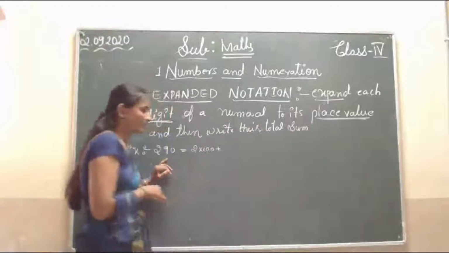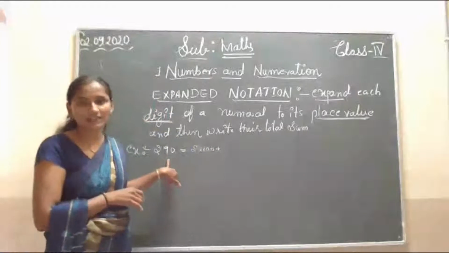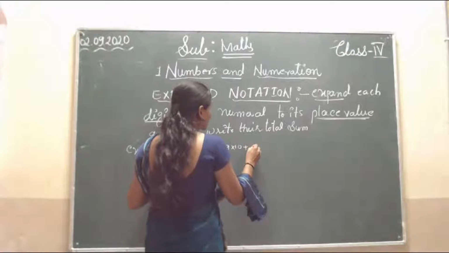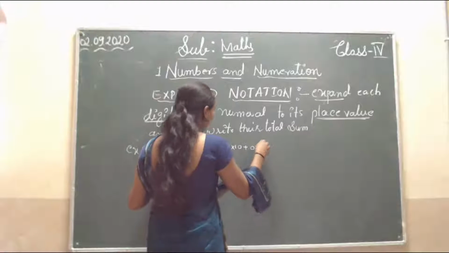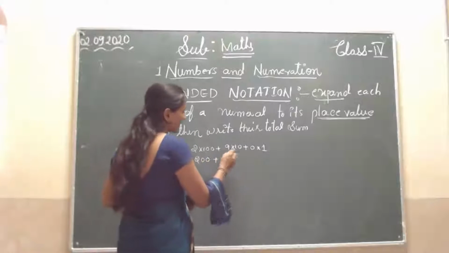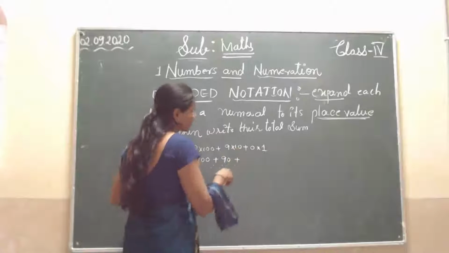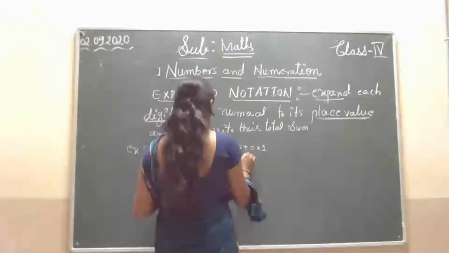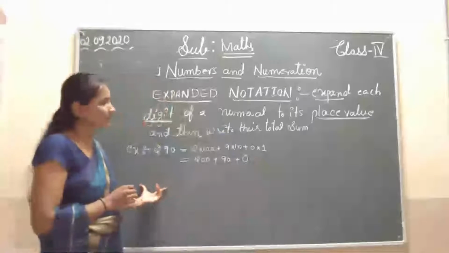Next, 9 has place value 10, so 9 into 10, and afterwards 0 into 1. 2 into 100 is 200. Next, 9 into 10 is 90. 0 into 1 is 0. So this is an example of the expanded form.